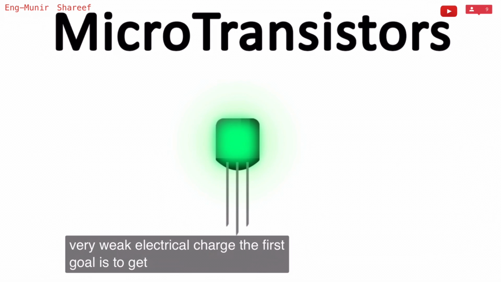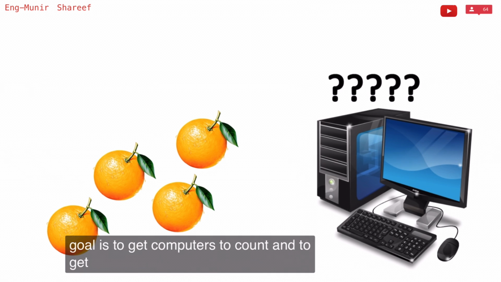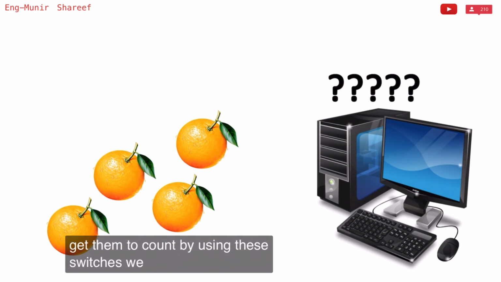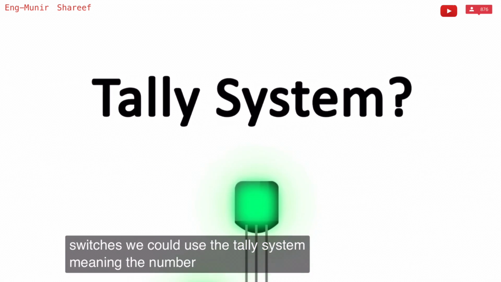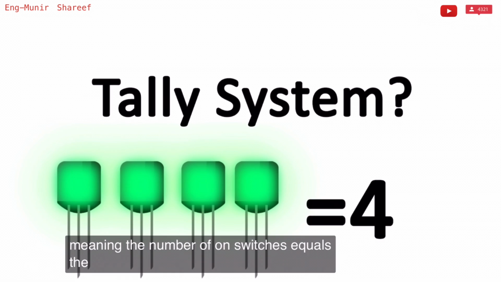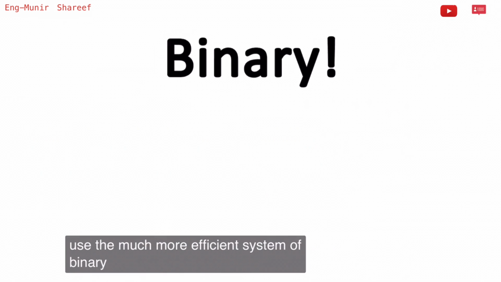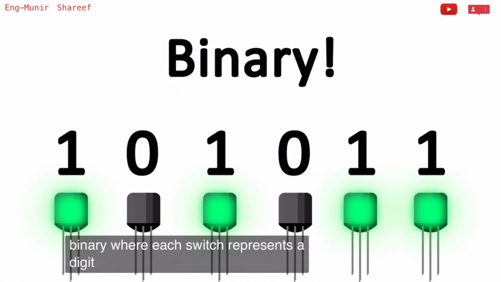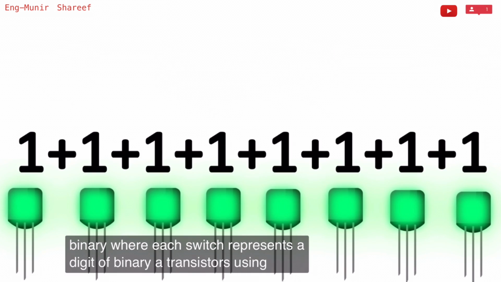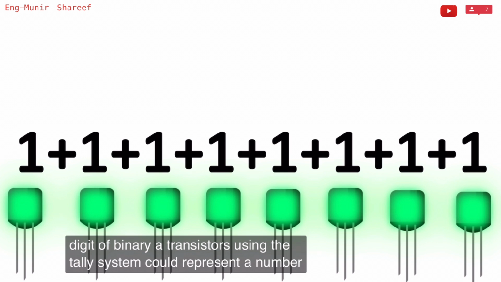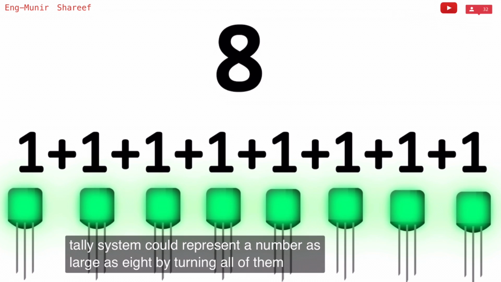The first goal was to get computers to count. And to get them to count by using these switches, we could use the tally system, meaning the number of on switches equals the number of things we have, or we could use the much more efficient system of binary, where each switch represents a digit of binary. 8 transistors using the tally system could represent a number as large as 8 by turning all of them on.